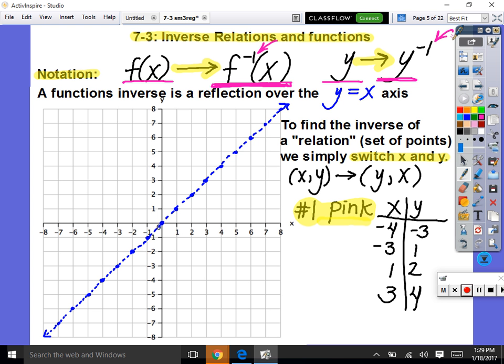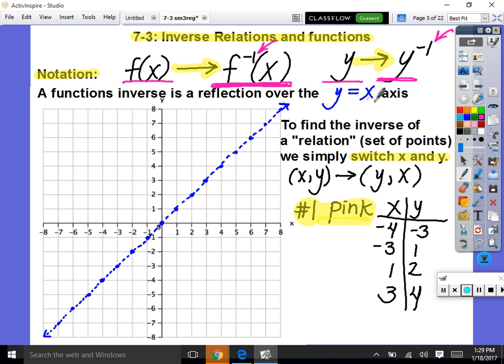So one thing to note is, if you have an original function, the inverse is going to be taking that function and reflecting it over the y equals x line. Notice I drew in y equals x here, that blue dotted line. So think about what this line is, just so you can do it yourself.